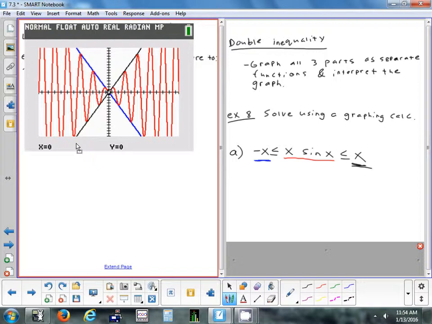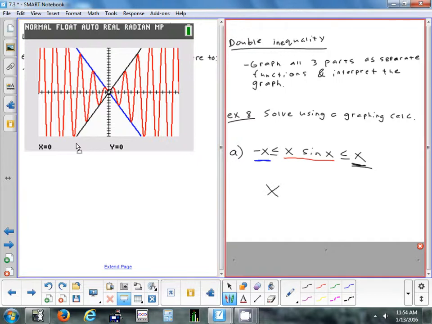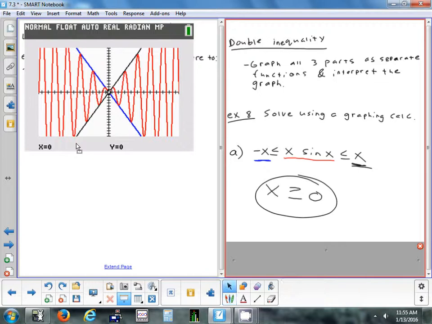On the right side, it's above the blue and below the black. So that's when x is what? Greater than 0. Or equal. It can equal here, so that's okay. So anytime x is greater than 0, there's our picture. Okay?